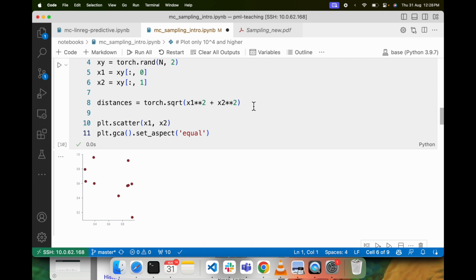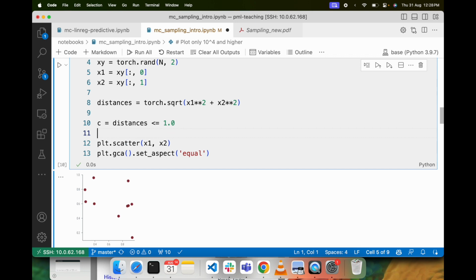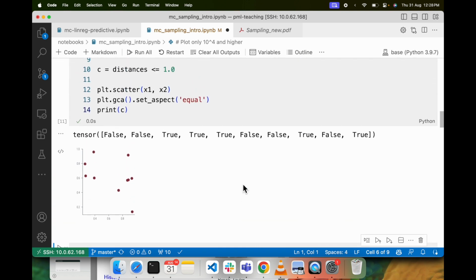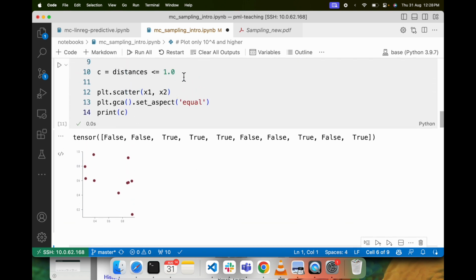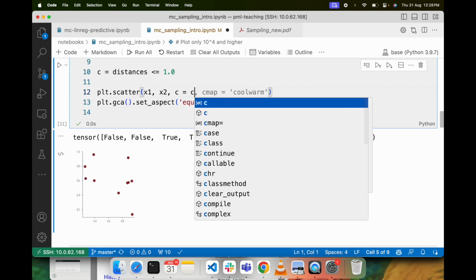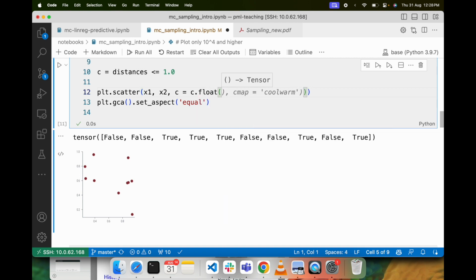So let's say c equal to distances less than 1, and if we print c, right, it's false or true, so we could then perhaps do c equal to c.float. Let's see if this works or not.